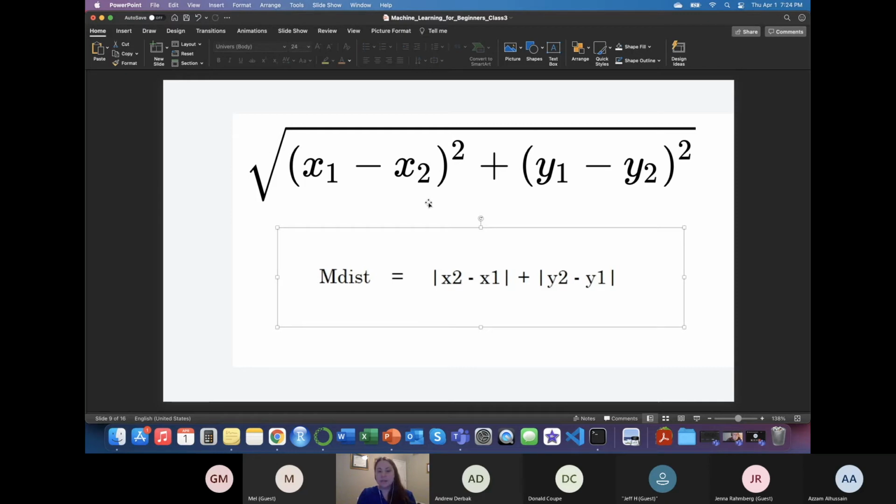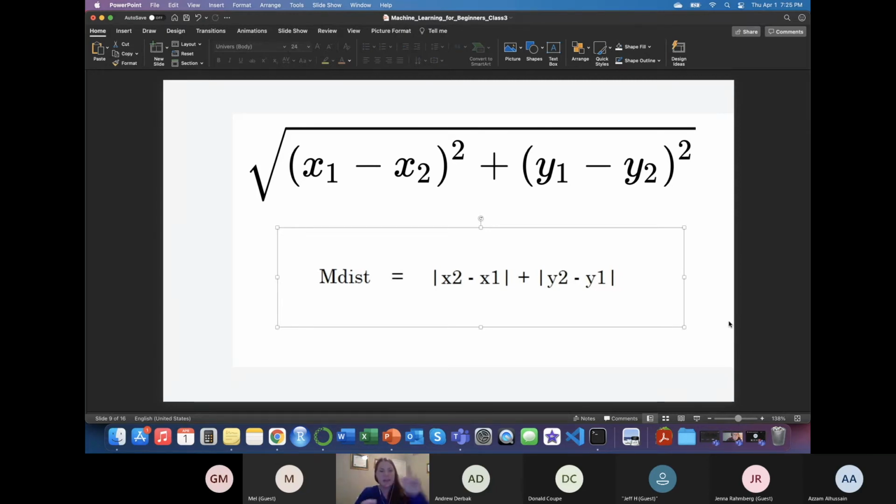Here it looks very similar, but you're taking the absolute value of the first X coordinate minus the second X coordinate plus the first Y coordinate minus the second Y coordinate. You can think of the Euclidean distance as finding the shortest path between 2 points.